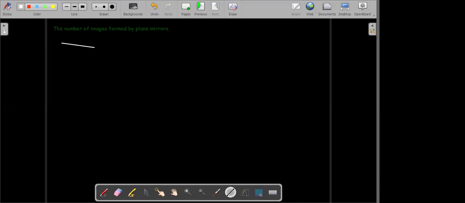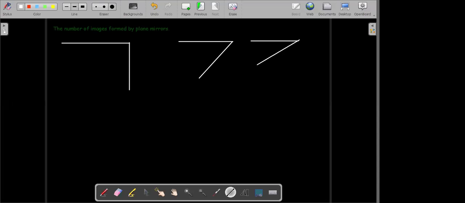Let us try to place these two mirrors. This is one mirror, another mirror placed at 90 degrees to each other. You can have a mirror and another mirror placed at an angle of 45 degrees to each other. Or a mirror and another mirror placed at an angle of 40 degrees to each other. Let us try to find out the number of images that you can see.